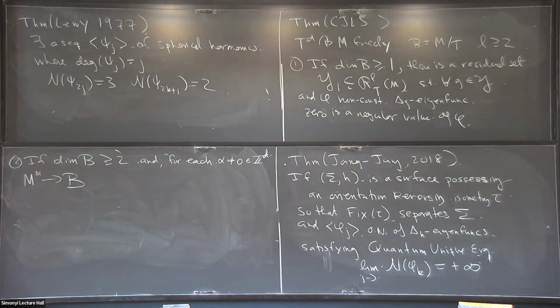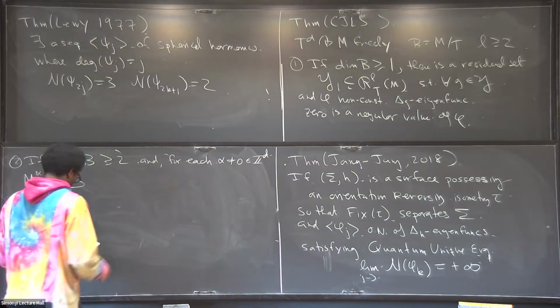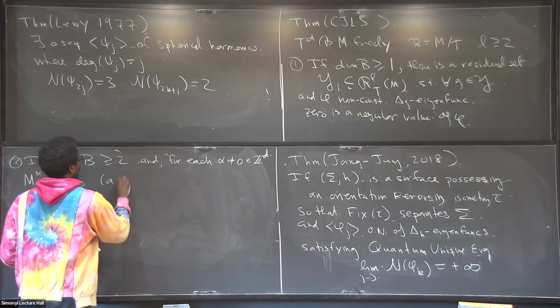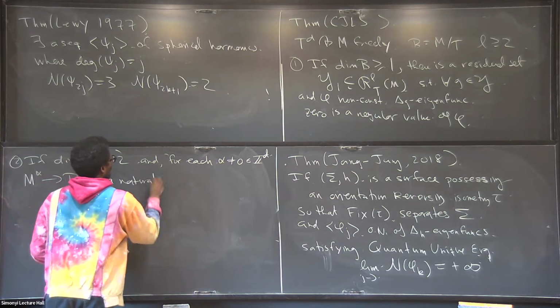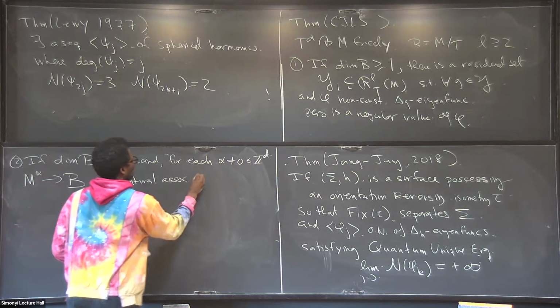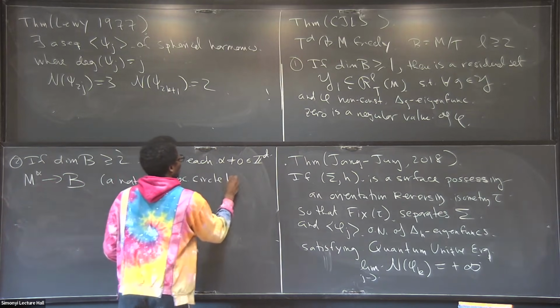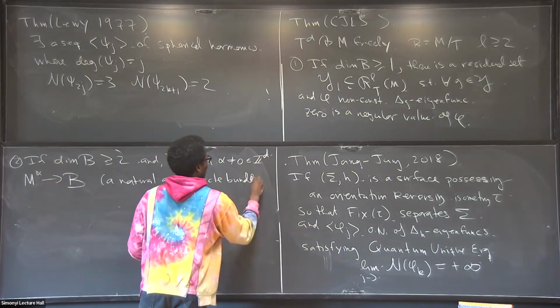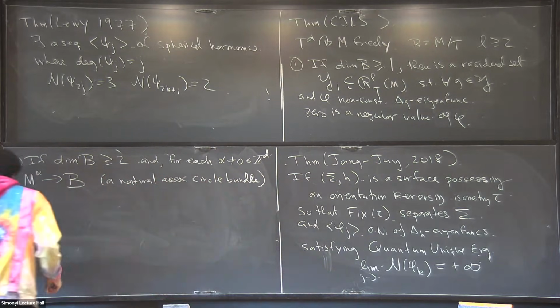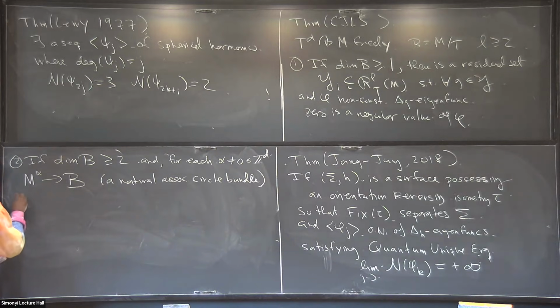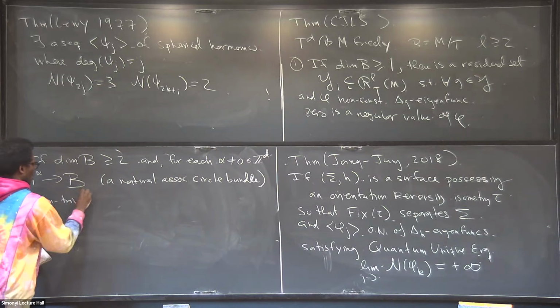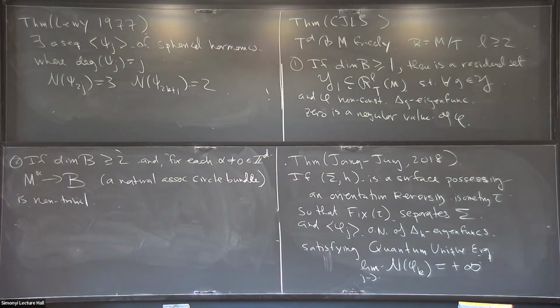And I'll explain in a second where this bundle comes from. So this is a natural associated circle bundle. And let's suppose this guy is non-trivial for any choice of integers.